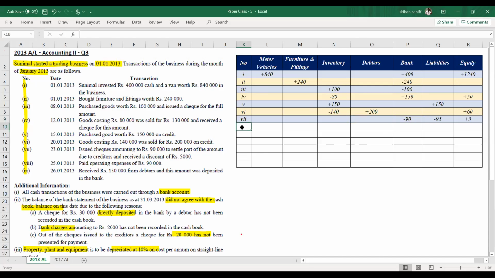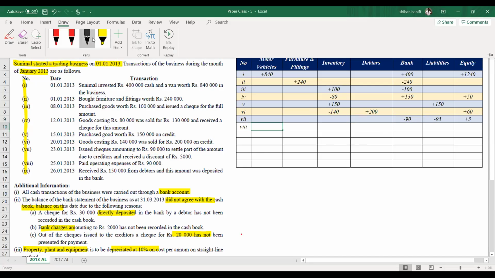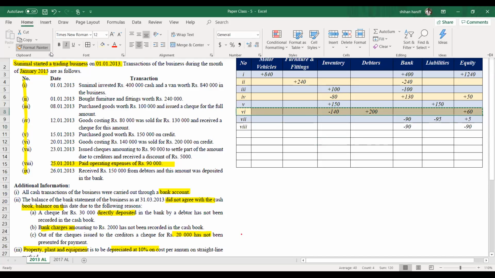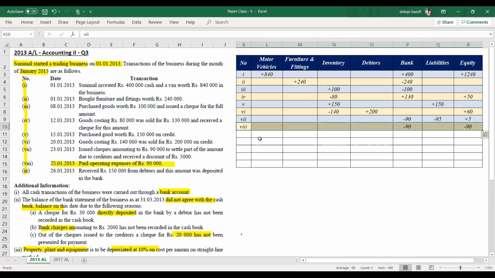Right. So next, number 8. Paid operating expenses 90,000. So bank will reduce by 90,000. Equity will reduce by 90,000. Payment of operating expenses.